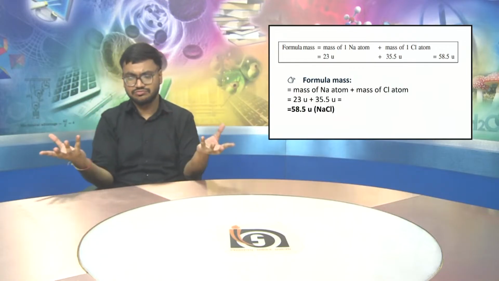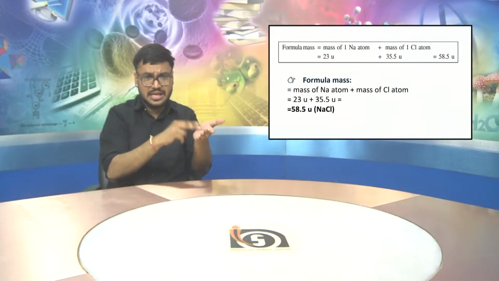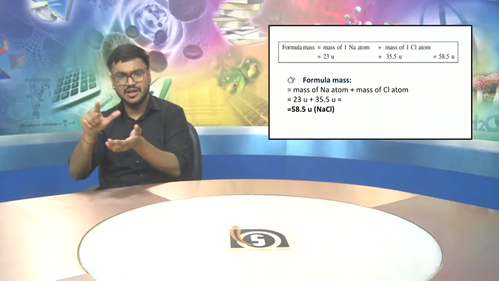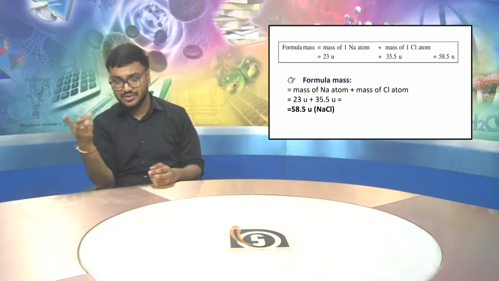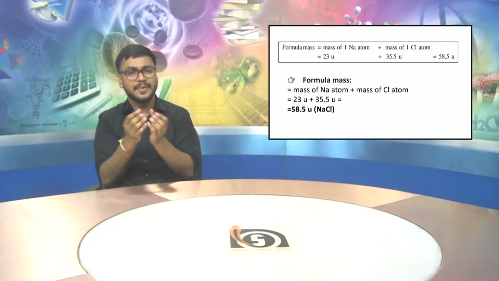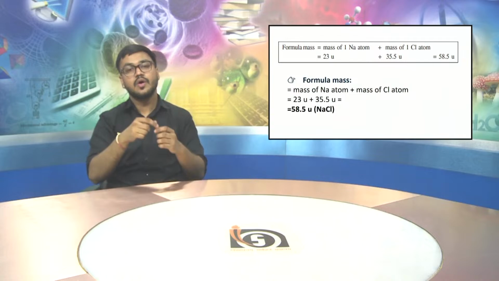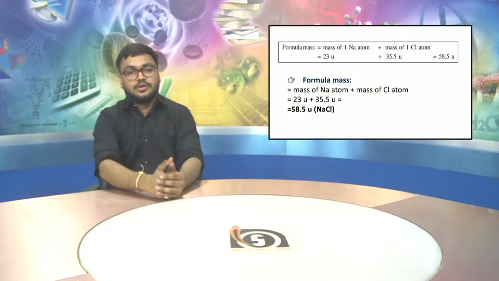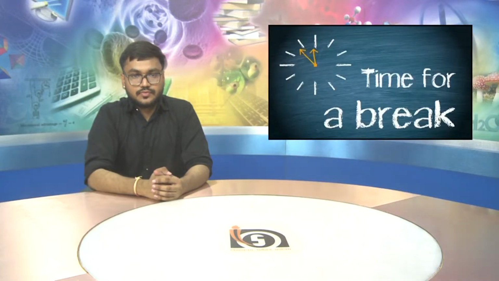There is an equational representation of the formula mass, showing how we apply atomic numbers and atomic masses. For example, we have the sodium chloride formula.